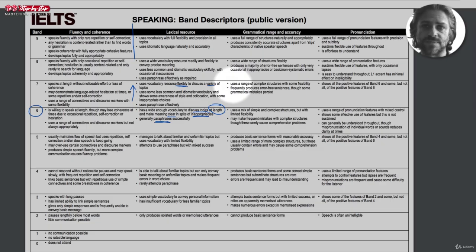So if the topic comes up like, I don't know, talk about a writer, an author that you like, you should have enough vocabulary to say, okay, well, this is a tricky question, but I can still talk about it because I can start talking about how I'm not an avid reader, but the magazines that I've read, there's a particular writer that I particularly like, and he writes an article every week for a magazine about cars, for example, and I like him.